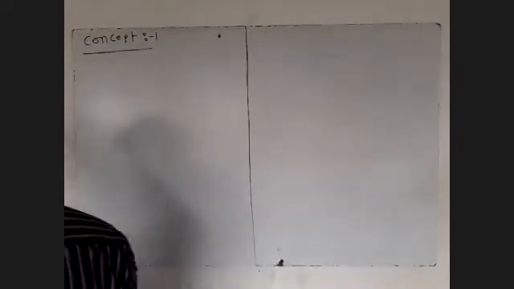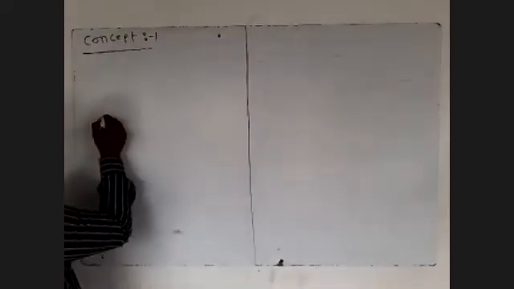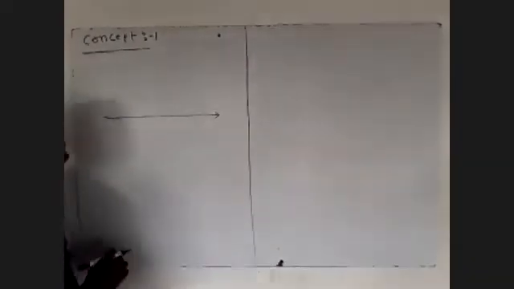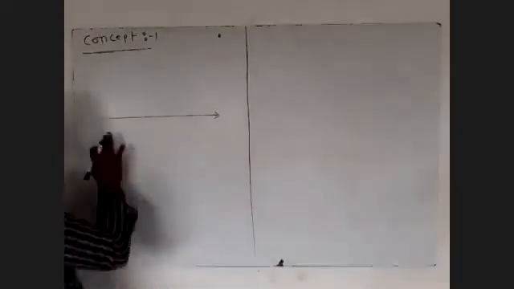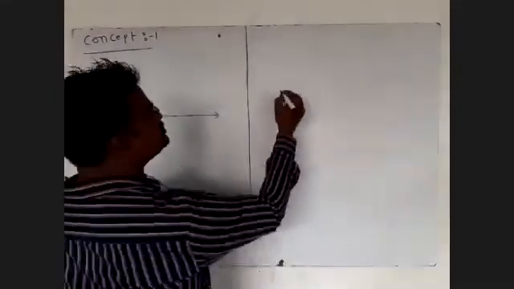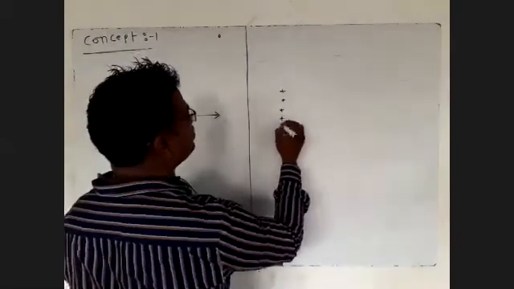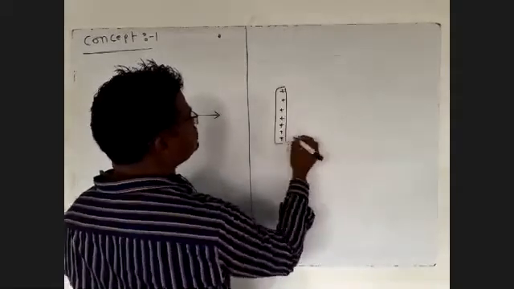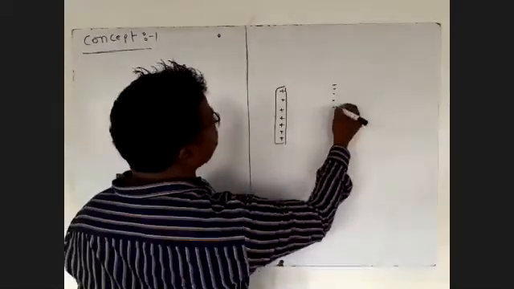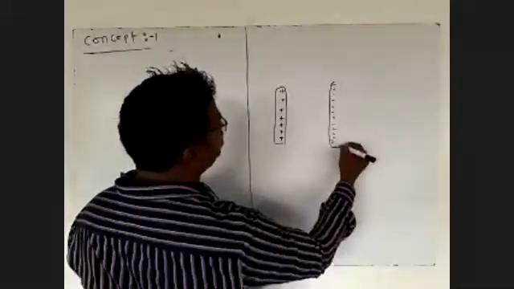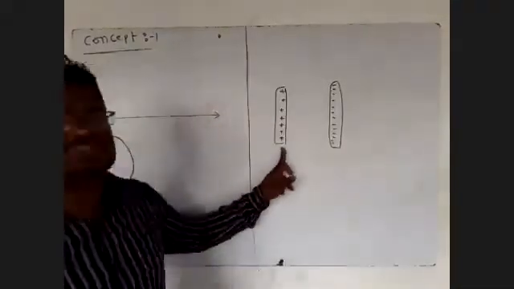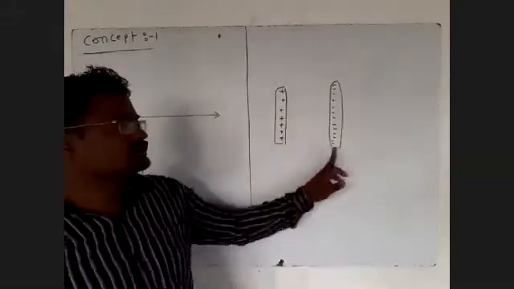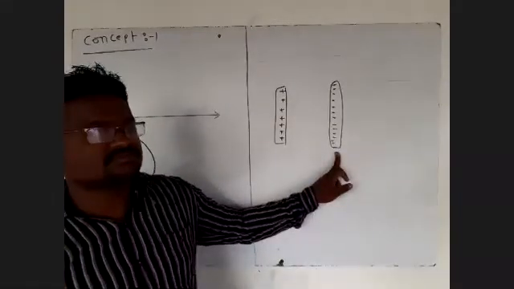Concept number one: the direction of electric field. We know this is a positive plate and this is a negative plate. This is an infinite plane sheet, and this is another infinite plane sheet.